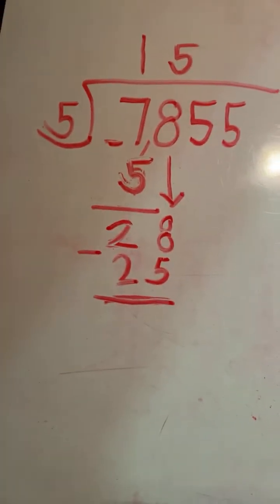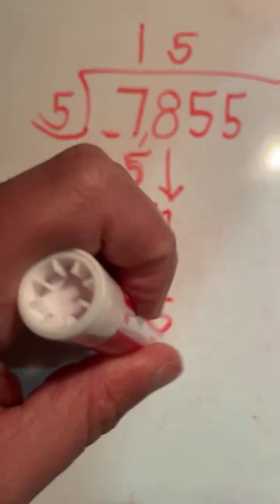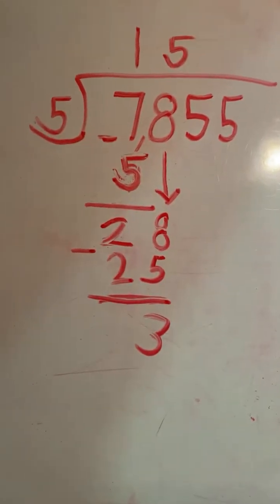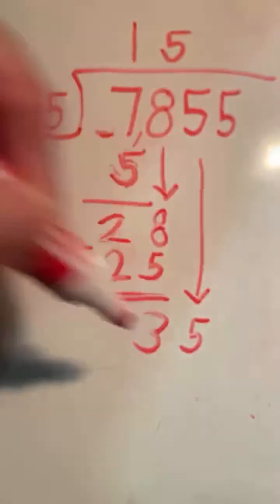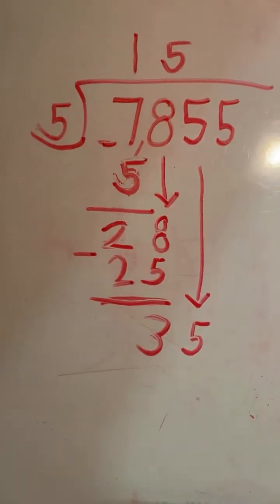So 28 minus 25 equals 3. Now we have to bring the next number down. If we bring down the 5, the new number now is 35.